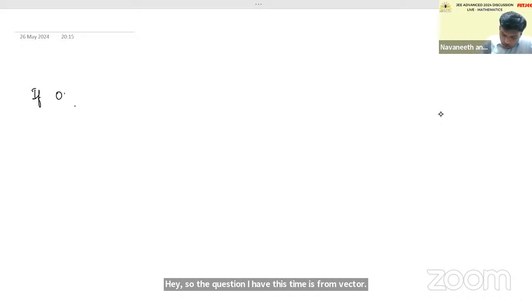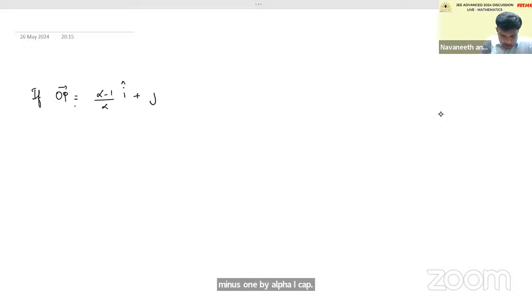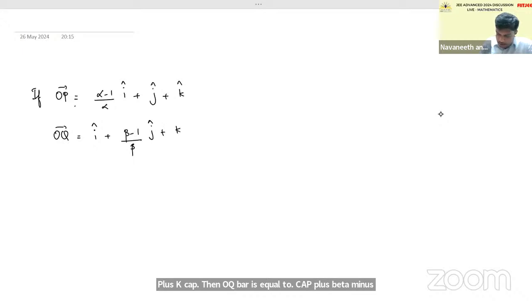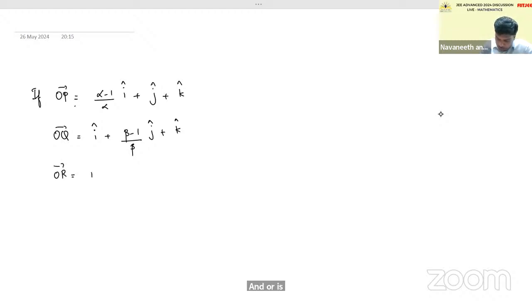If OP bar is equal to alpha minus 1 by alpha i cap plus j cap plus k cap, then OQ bar is equal to i cap plus beta minus 1 by beta into j cap plus k cap, and OR is equal to i cap plus j cap plus half of k cap.